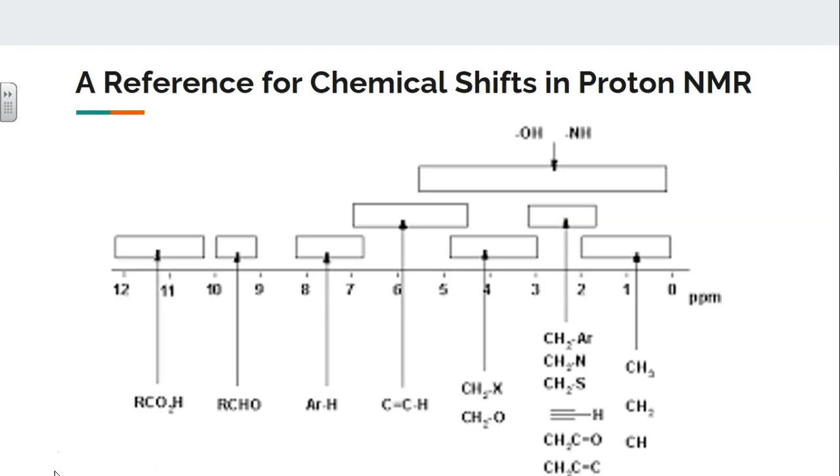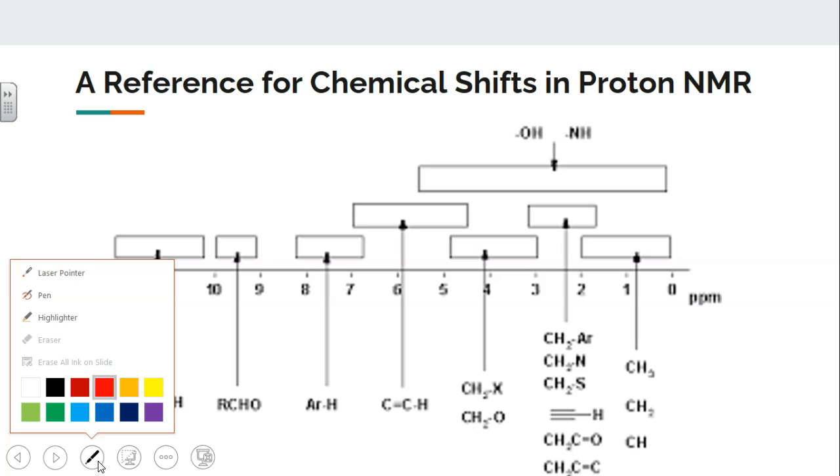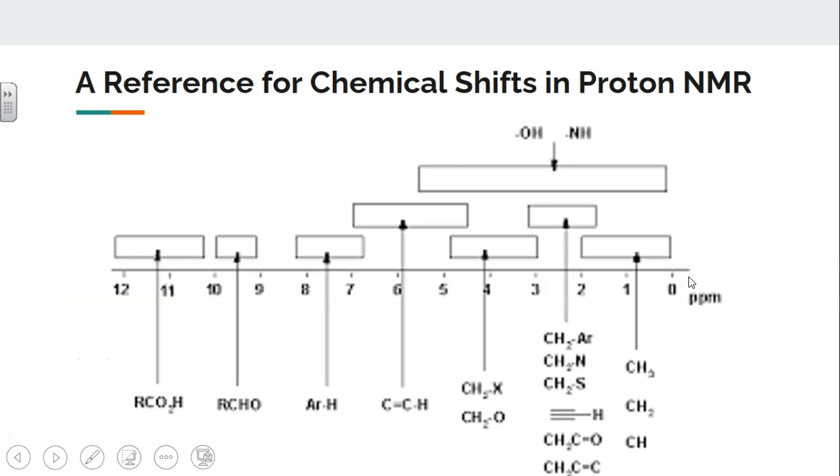Before we get started, we need to know something about chemical shifts. Just so you have an idea, a compound with a proton will show up anywhere in an NMR from 0 parts per million all the way up to 12. I've never seen anything quite up to 12, but it can be there. You can see the range here.